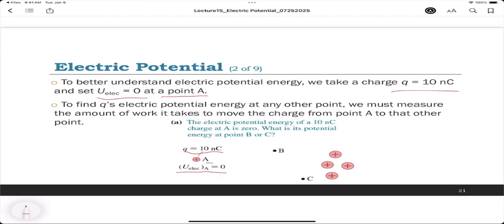To find Q's electric potential energy at any other point, for example B or C, we must measure the amount of work it takes to move the charge from point A to that other point. Does that make sense to you?